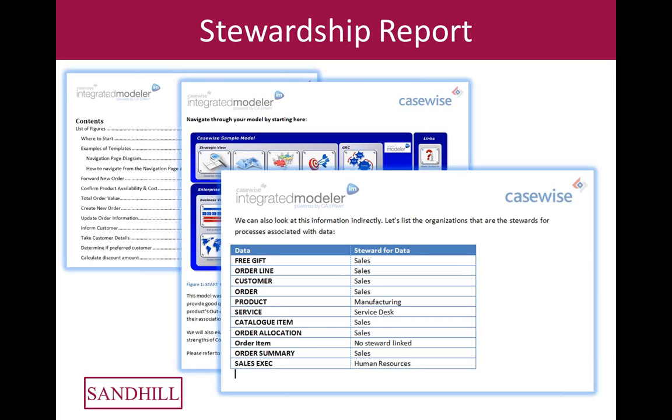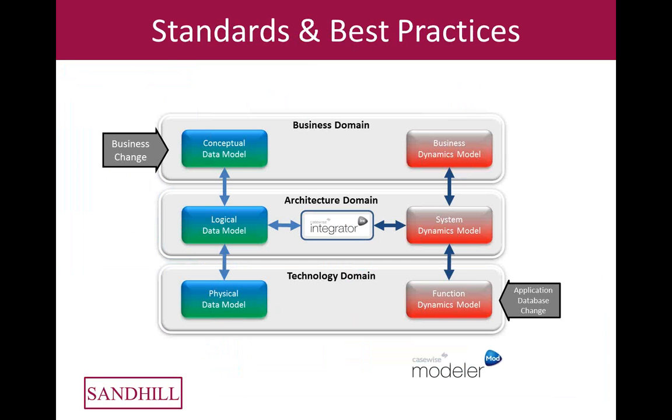You can also see when there are no stewards present. This information you can pull out of your underlying repository, and this brings us back to that triangle that Dawn had, where you're able to see it through all three pointers of the triangle.